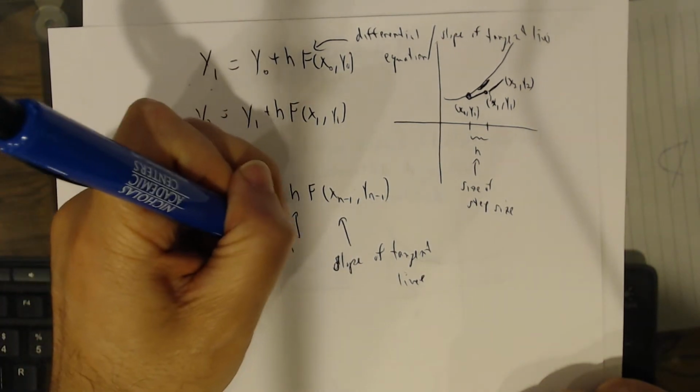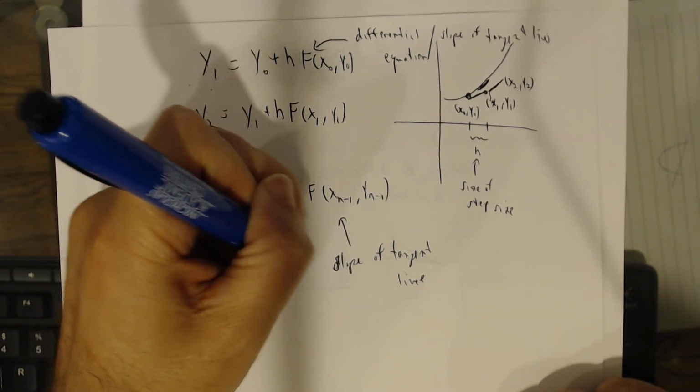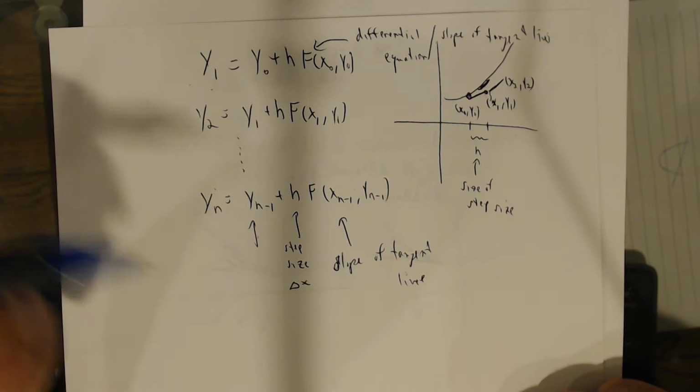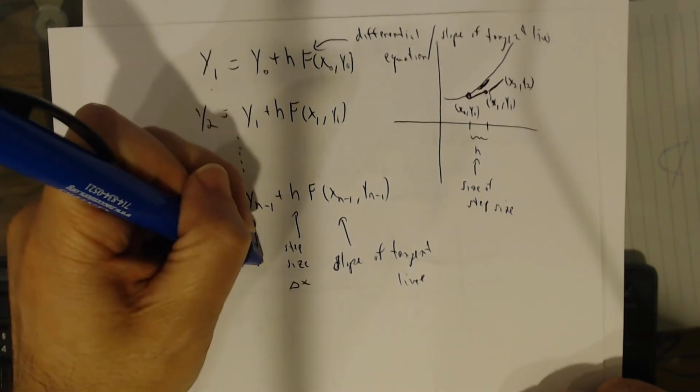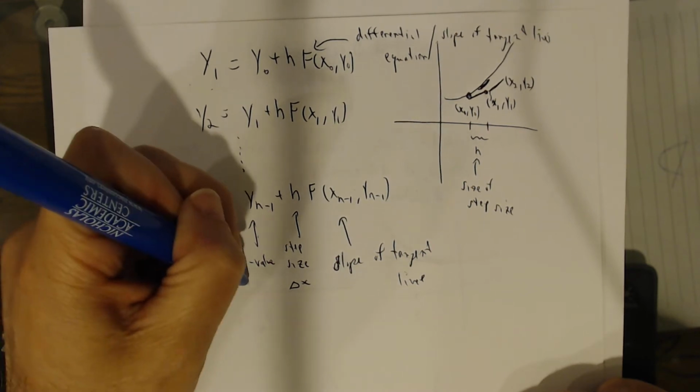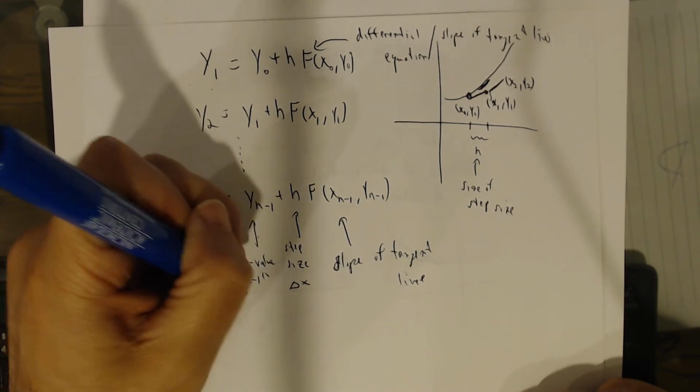This is your step size, or in other words, delta x. It's how much you're changing x. And this is the y value you were at, so this is the y value of the n minus 1 term.